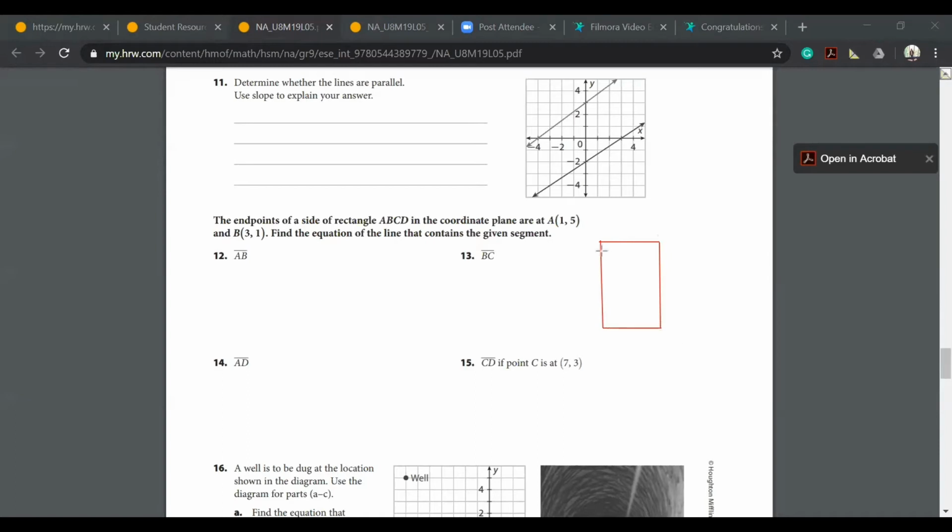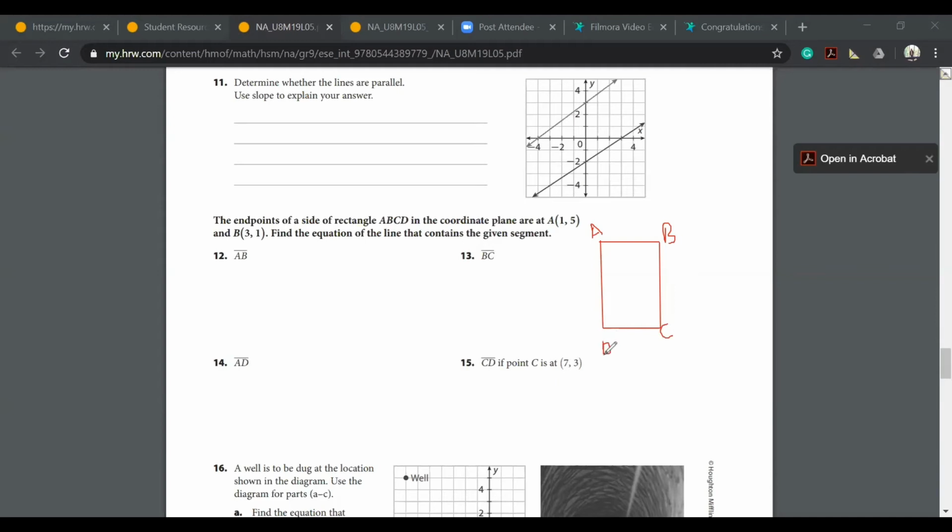Yes, this is a rectangle in which I'm going to put the points in the order he told me. So this is A, this is B, this is C, and this is D, for example.